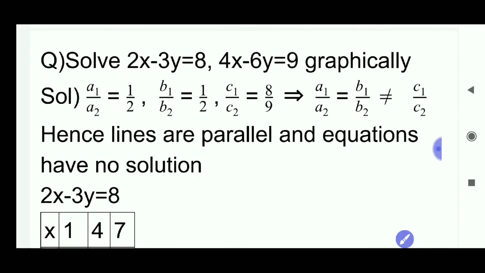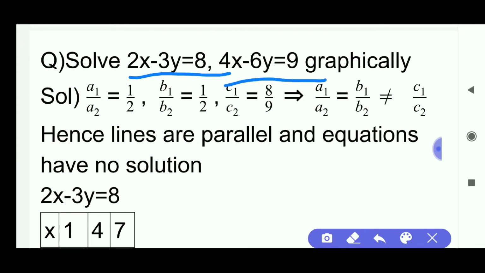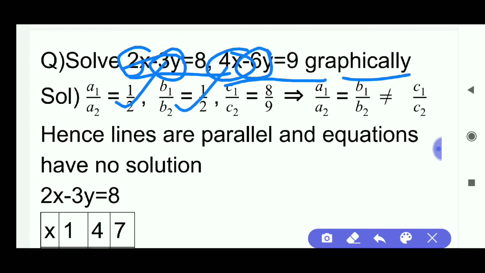Let us go for the last question. Solve 2x minus 3y is equal to 8, 4x minus 6y is equal to 9 graphically. Here a1 by a2, that means 2 by 4, is half. Similarly, b1 by b2, minus 3 by minus 6, is also half. c1 by c2 is 8 by 9. By observing these, we can conclude that a1 by a2 is equal to b1 by b2, not equal to c1 by c2.